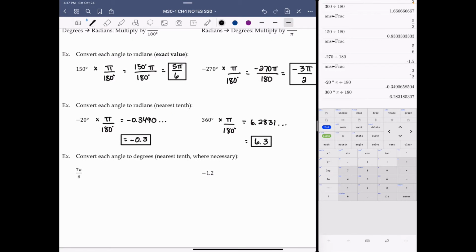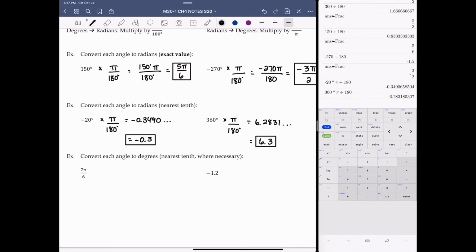Convert each angle to degrees to the nearest tenth where necessary. 7 pi over 6. Here we want to multiply by 180 over pi. So if we're converting from radians to degrees, we put the degrees on top. 7 pi over 6 times 180 degrees over pi. We can divide out these pi's before we multiply.